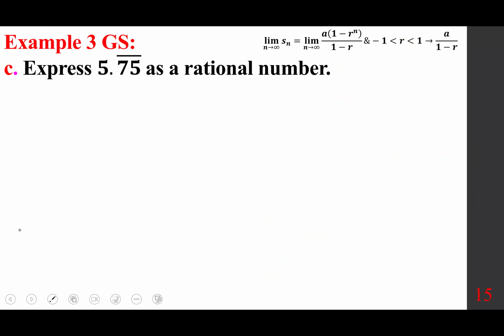What about 5.75 bar? We want to express it as a rational number, as a fraction. That's the concept. Well, it's 5.75, 75, 75, and it continues indefinitely. Which means it is the sum of 5 and this part.